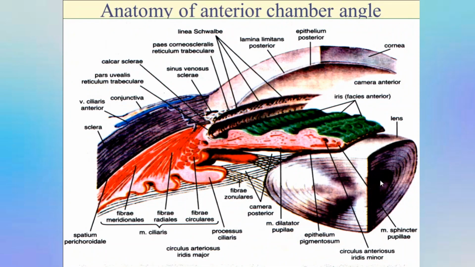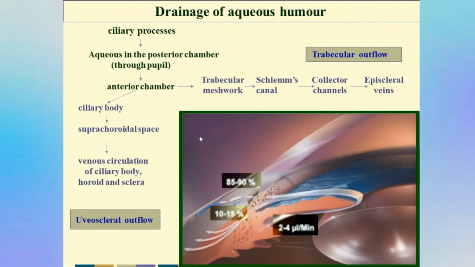On this picture, you can see the anatomy of the anterior chamber angle. It is a difficult structure which helps aqueous humor leave the eye. I would like us to memorize how aqueous humor appears in the eye and how it leaves the eye.